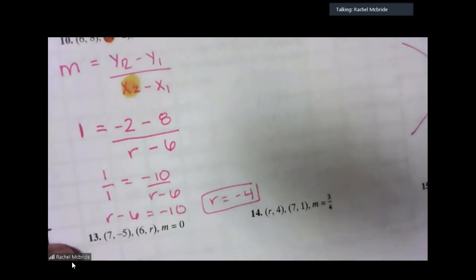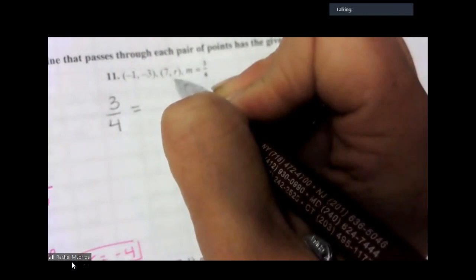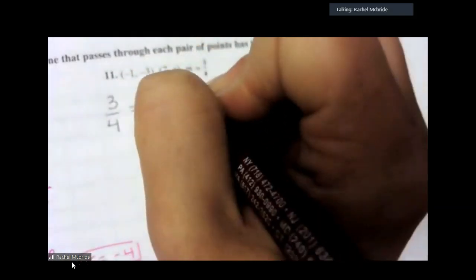Let's do another one. What's my m? 3. So it goes in for the m in my equation. y2 this time is r minus y1, which is negative 3, over, perfect.